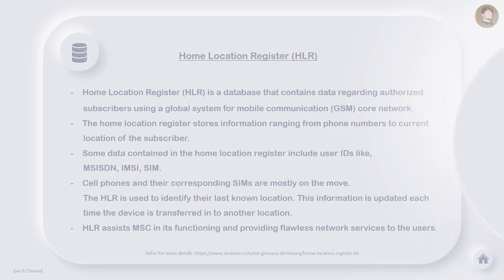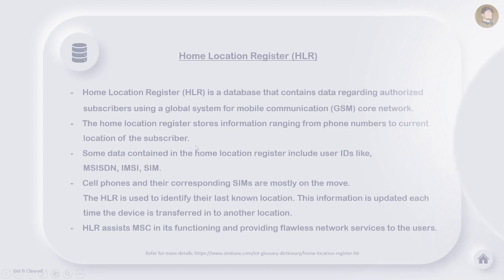When you switch from one base station to another, your receiving information has to be transferred from the older base station to the newer base station, and this is only possible when the mobile communication architecture of that region has certain location based information about you. That is the reason HLR also stores certain current location information about you.